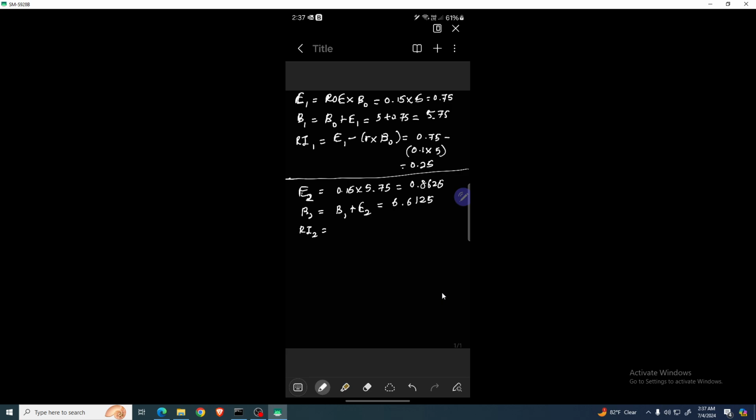So earnings is 0.8625 minus 0.1 times 5.75, and that would be 0.2875. And let's do the same drill for year three as well.